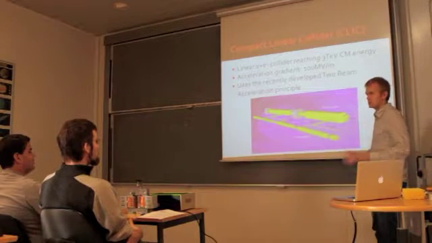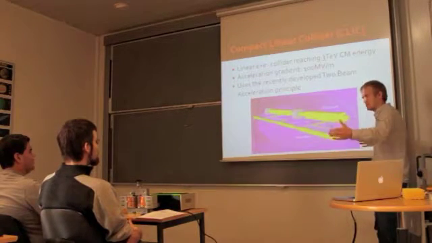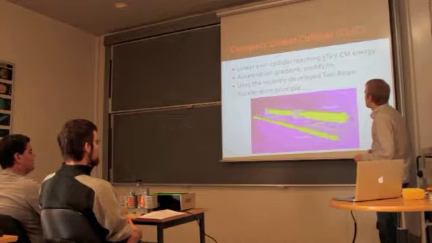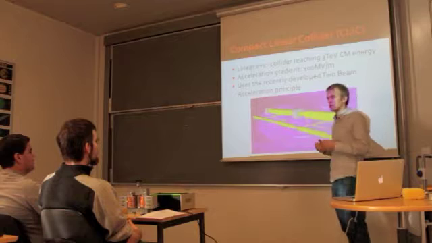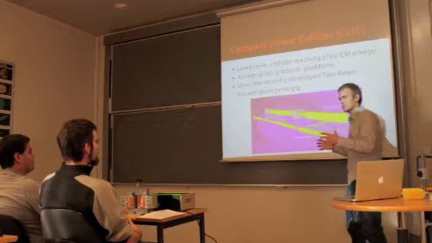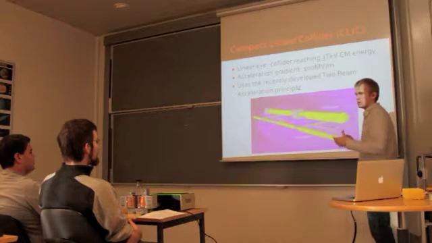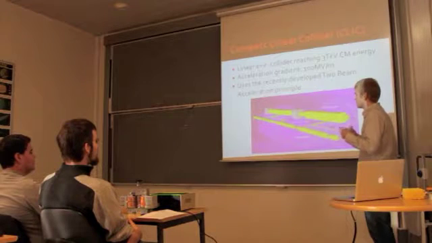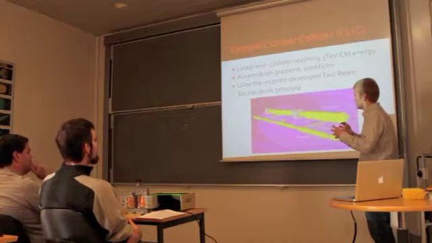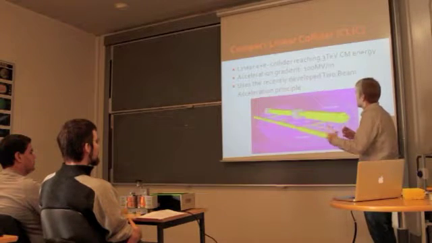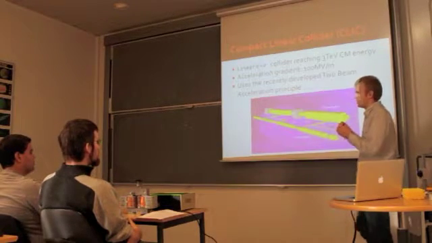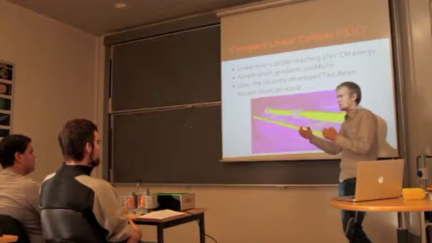That is within a reachable sort of distance. But to do this, you cannot use the conventional RF structures to accelerate the beam, because the structures will break down as you apply very high voltage to the structures.